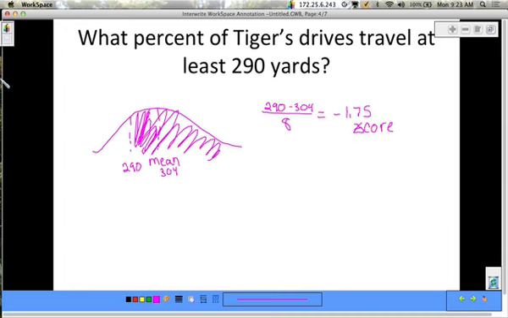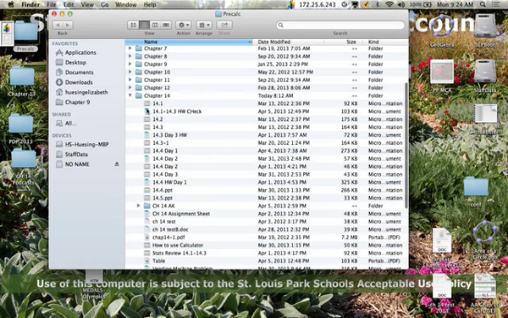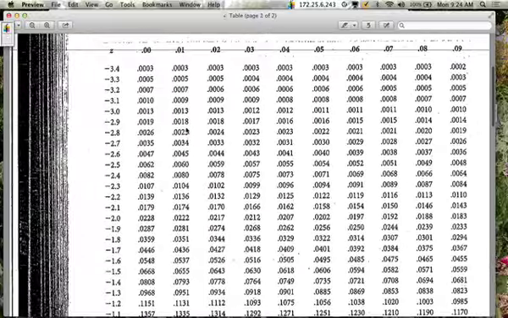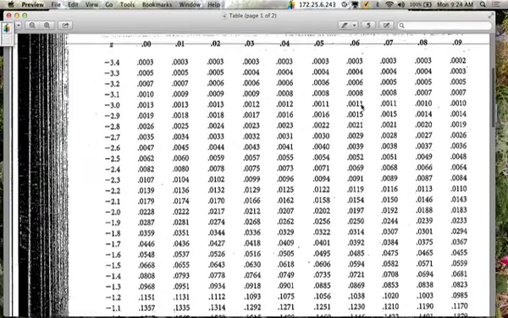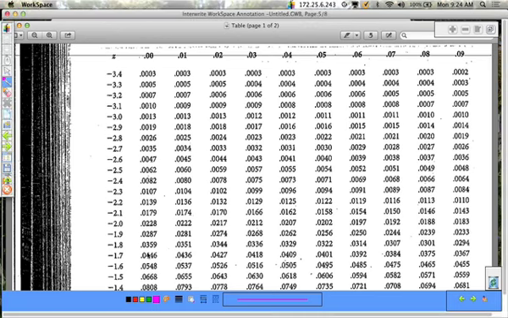So now we have to go back to our table here. And let's see if we can find that over here. So negative 1.75. Let's see, negative 1.70, 1, 2, 3, 4, 5.